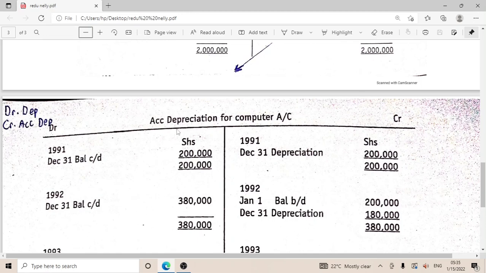Looking at the accumulated depreciation, remember I told you debit depreciation and then credit accumulated depreciation.